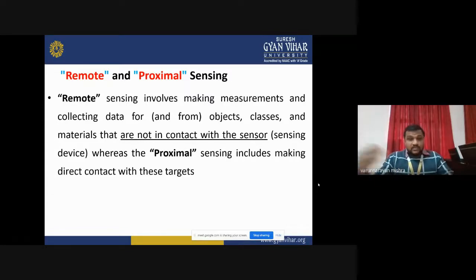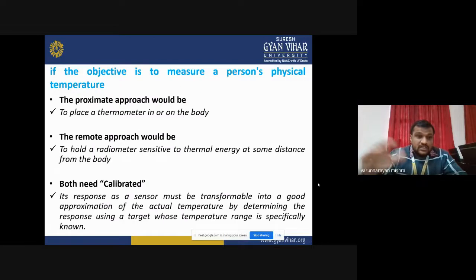Generally, in the remote sensing process, we use electromagnetic radiation as a source of energy that interacts with the object on the earth surface, and the sensor gathers the information coming from the target. Okay, so this is an example. If we are going to measure the physical temperature of a human body or a person, there may be two ways to gather the information.